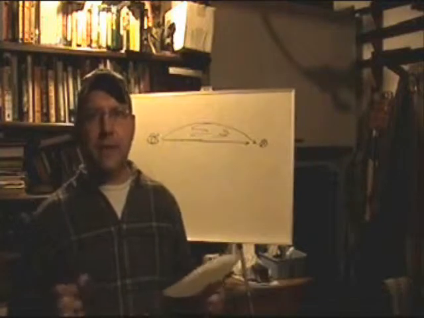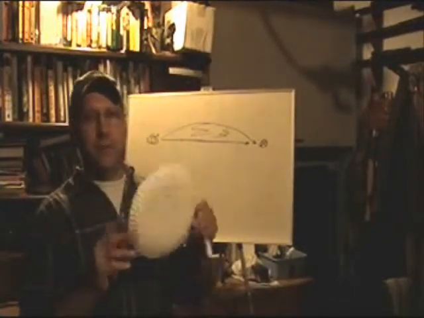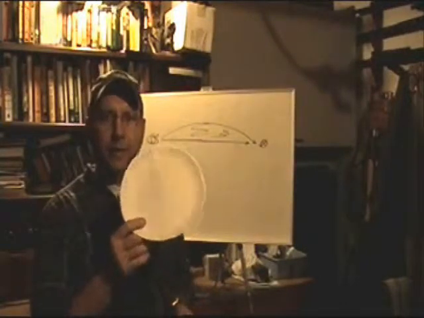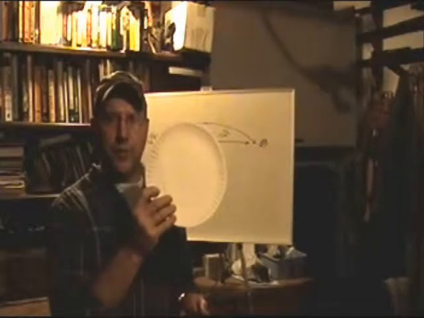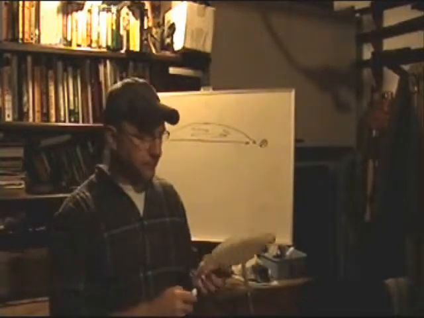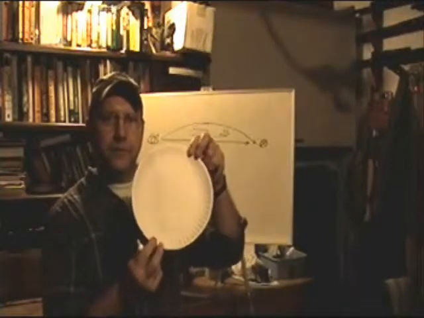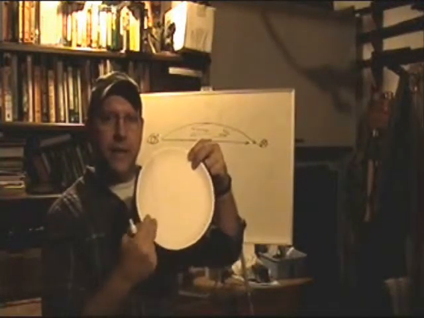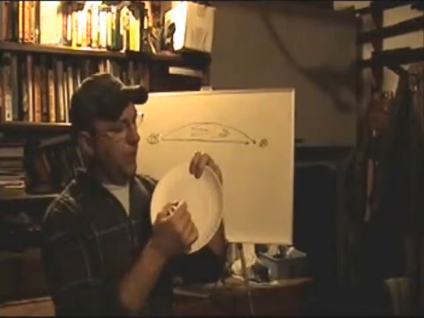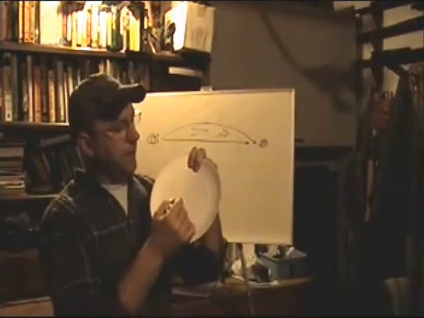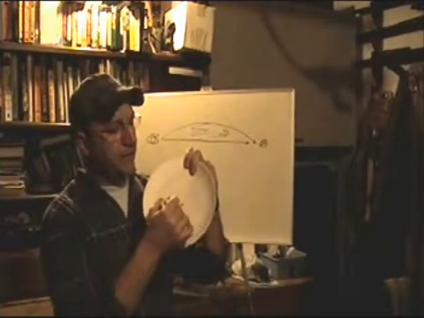What would the size of that be on a deer? Well, it's probably a little bit smaller than a paper plate, but for instructional purposes, we're going to use this paper plate. If this is the size of the vitals of the deer, it shouldn't matter where the strike of the bullet or the slug hits.